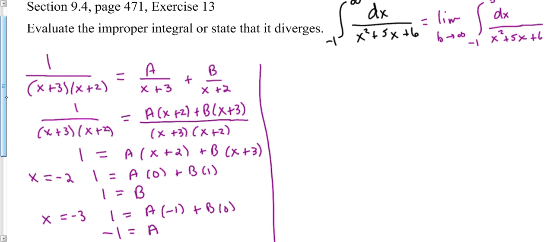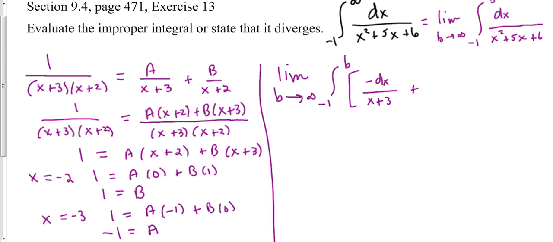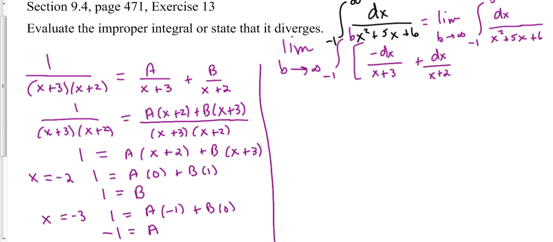And now I'm ready to get back to my integral. So I'm going to have the limit as b goes to infinity of the integral from -1 to b of negative dx over x plus 3 plus dx over x plus 2.